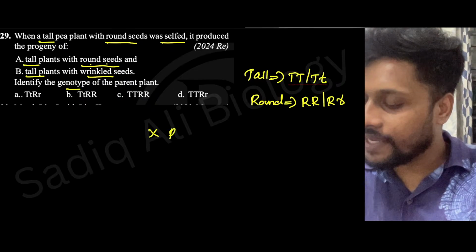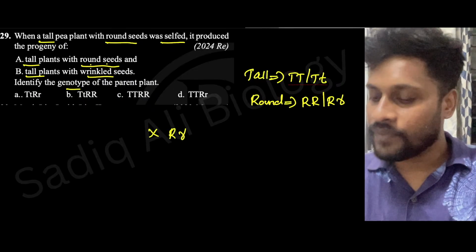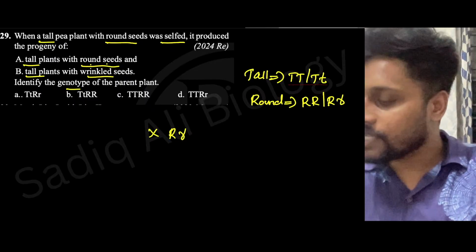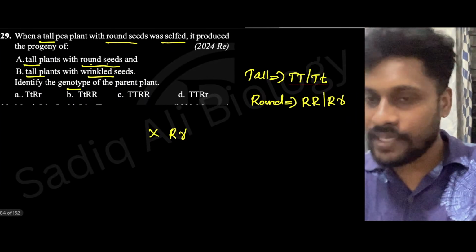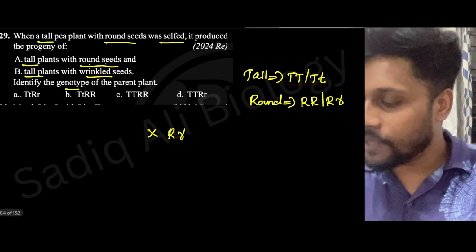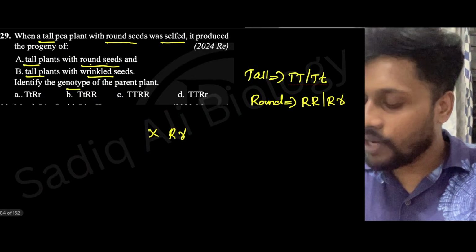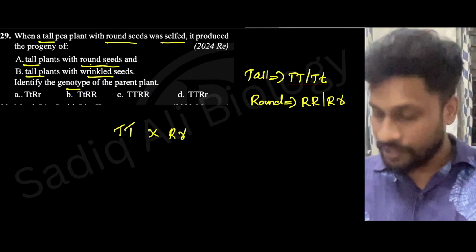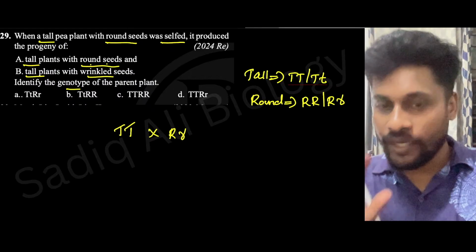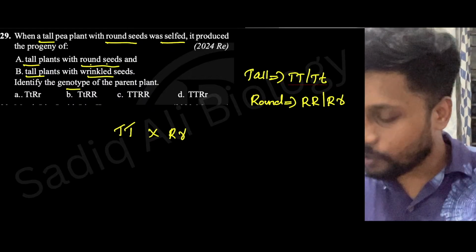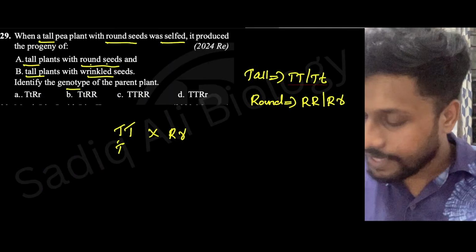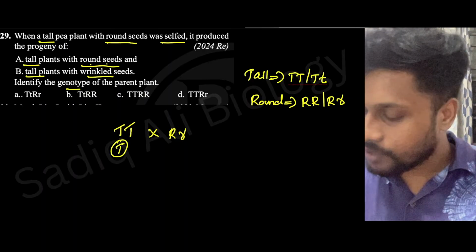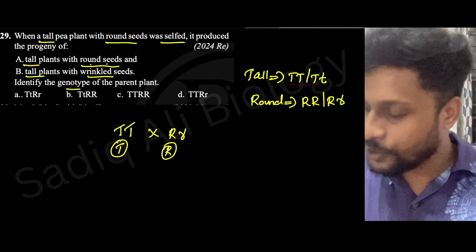one partner I am taking as capital R, small r. And here only tall is coming. So I am assuming, it's just my guess, that tall is capital T, capital T instead of capital T, small t. This is my guess only, but I will do it and verify it. Here you see what will happen. Capital T from this parent, and there will be two gametes.